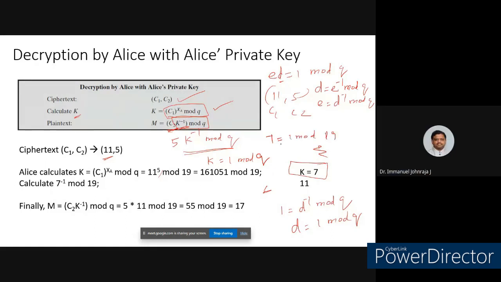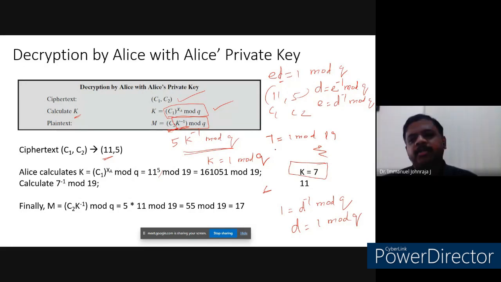Now you should find out what should be multiplied with 7 so that the modulus 19 will be 1. If you take 1, you will have 7 mod 19, answer will be 7. If you take 2, 2 times 7 is 14 mod 19, you'll have 14. 3, 21 mod 19 will be 2. Then we take 4, 28 mod 19 will be 9.